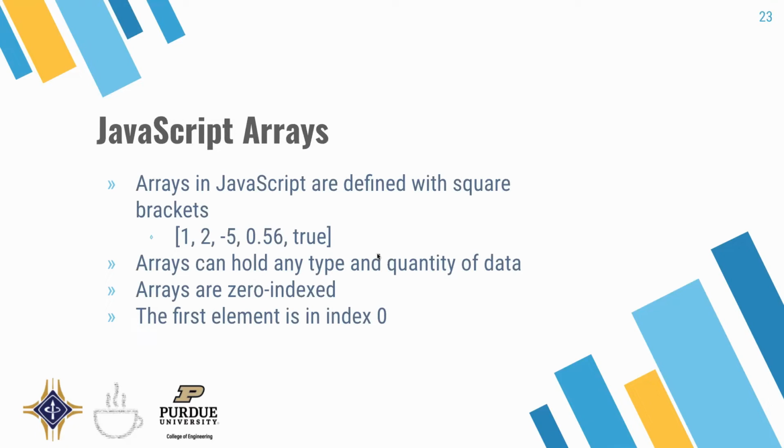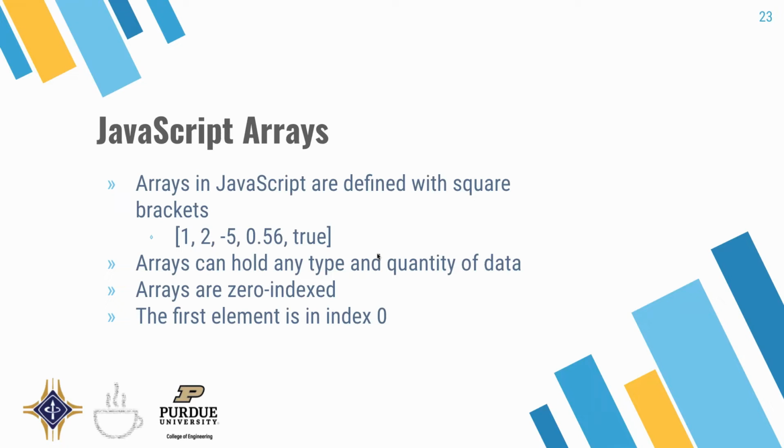They're defined by using square brackets, not the curly braces used for functions. And each value is separated by a comma. And then they can hold any type or quantity of data. You can have basically as many things in your array as the computer can hold. There's not really a limit there.